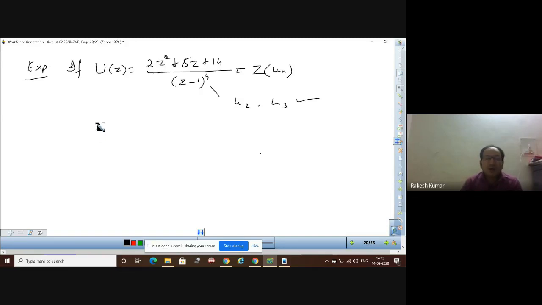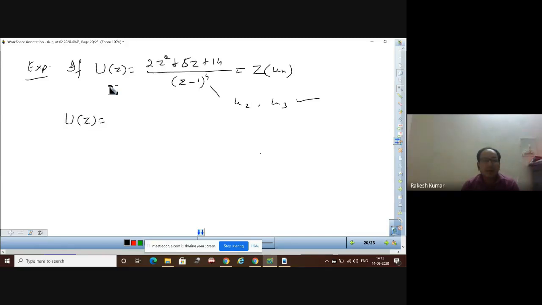So we want to compute the second term u2 and the third term u3, and for this we have the initial value theorem, which we did in the previous class, and we shall use that theorem.